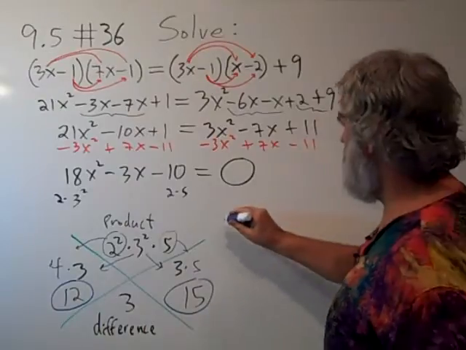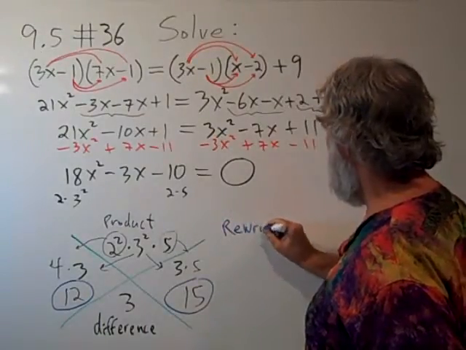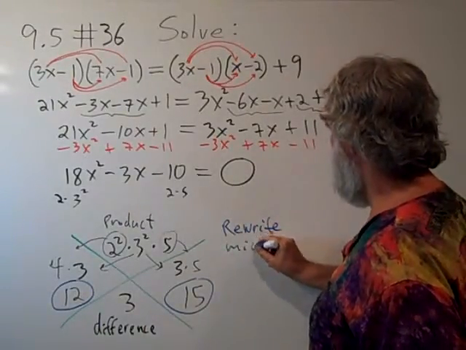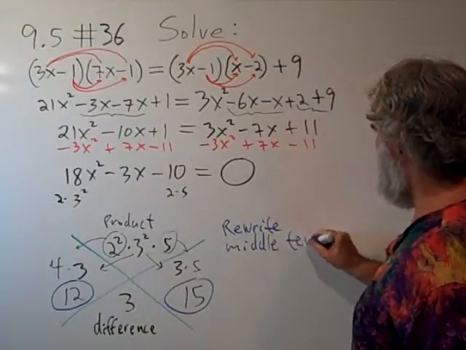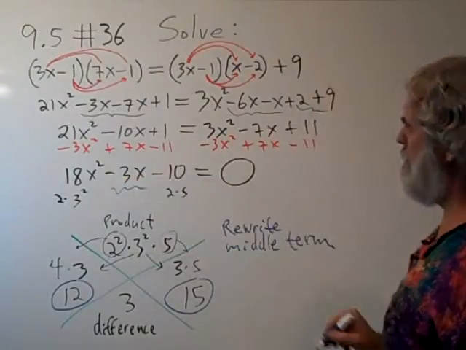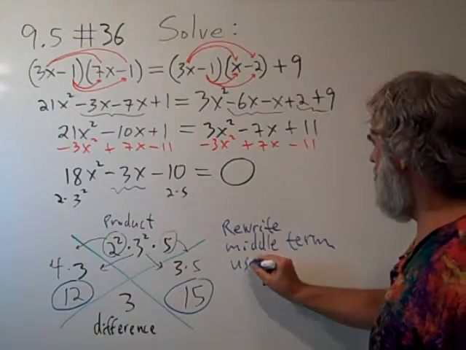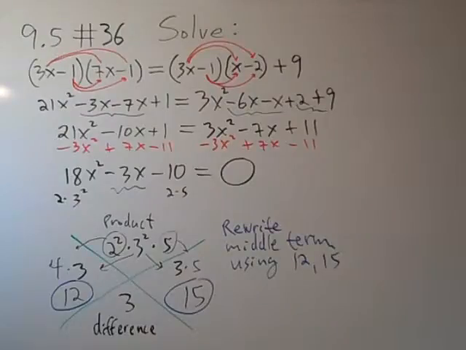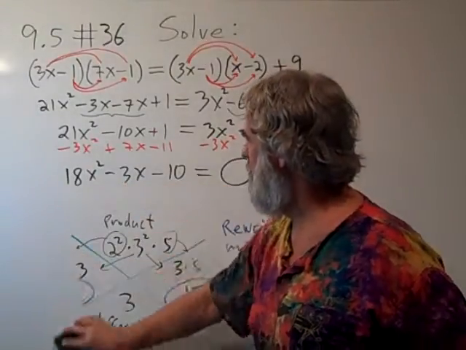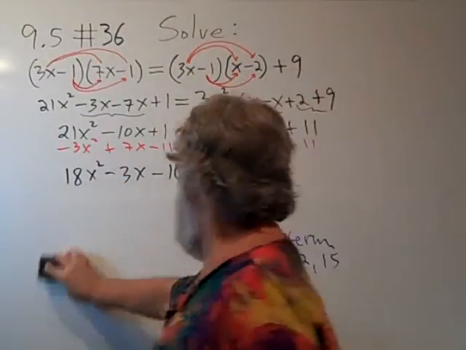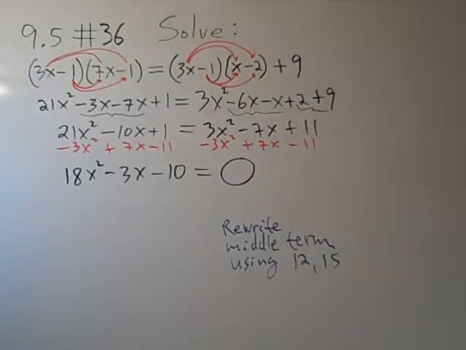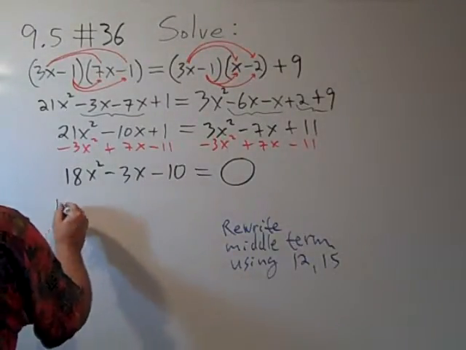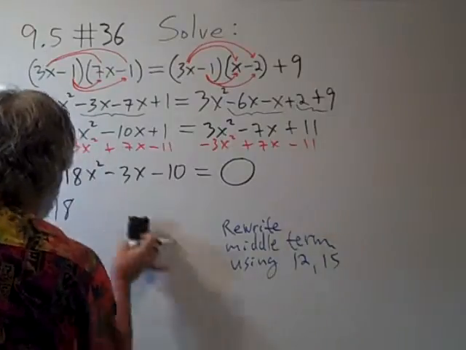So now what we do is rewrite the middle term, and that is the middle term right there, using these numbers we just found, 12 and 15. Okay, let's do that. So we end up with 18x squared.